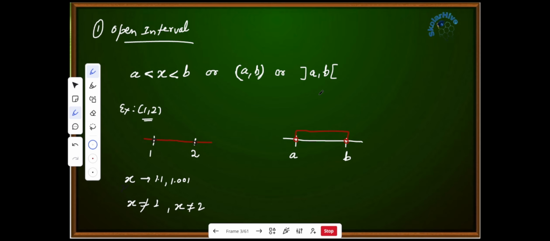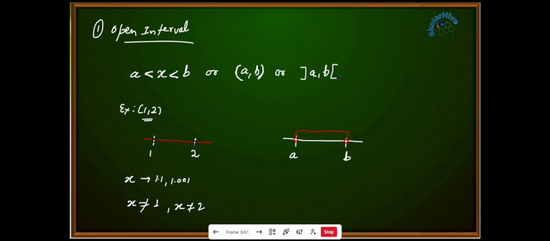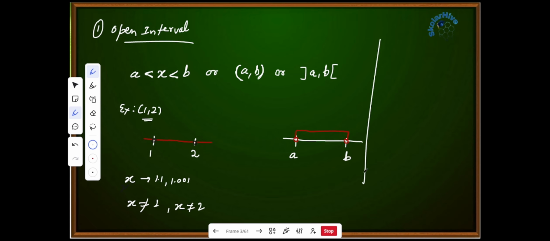Now the second type of interval is the closed interval. Closed interval means it is the set of all values of x lying between a and b, in which a as well as b both are included, which we can represent as a closed interval: box bracket a comma b.